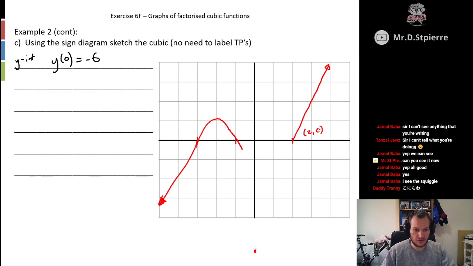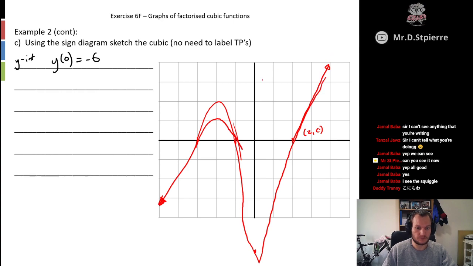So this actually needs to be a lot steeper. So that is very roughly, there's our intercept. I'll put the y-intercept in a different color.